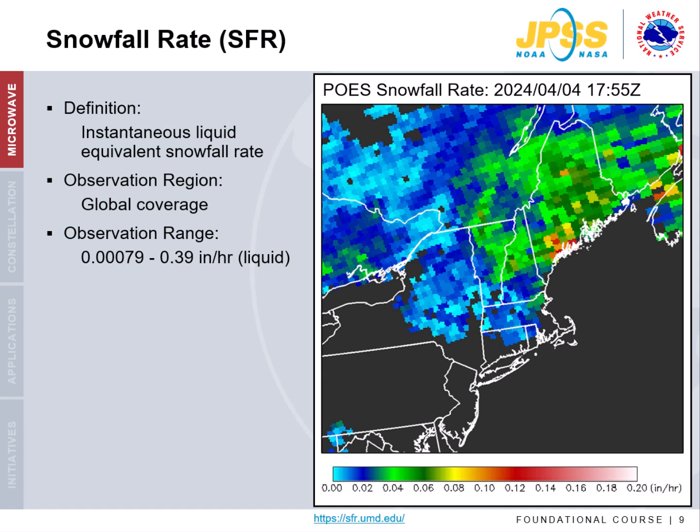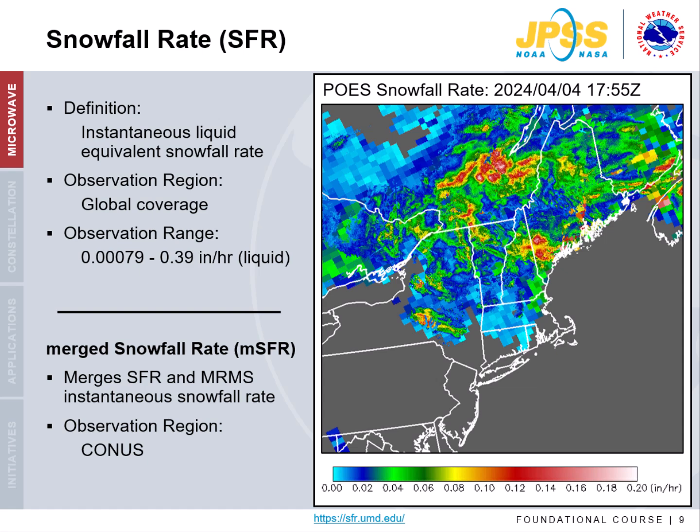The snowfall rate product, or SFR, is the instantaneous liquid equivalent snowfall rate in units of inches per hour or millimeters per hour. It can be used to determine the extent of a snowstorm and pinpoint the heaviest snowfall. The merged snowfall rate product combines the SFR with instantaneous radar snowfall rate estimates from the Multi-Radar Multi-Sensor System, MRMS.